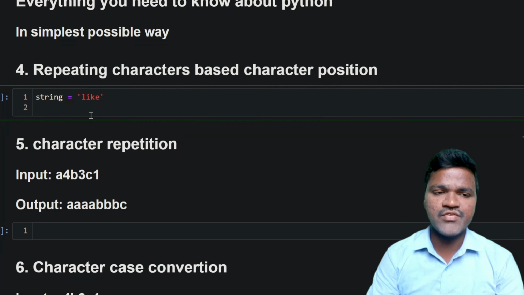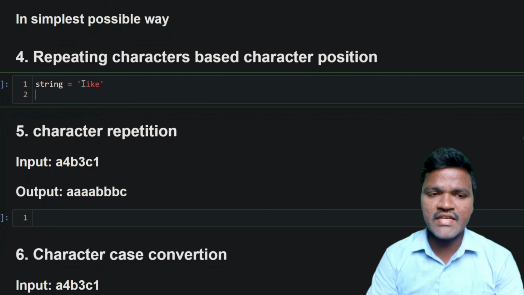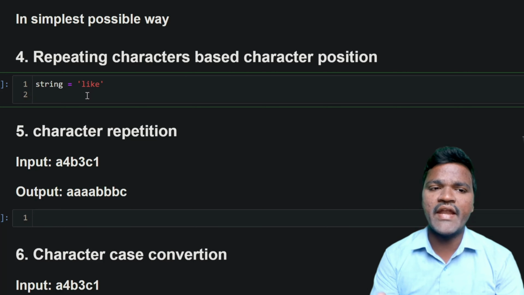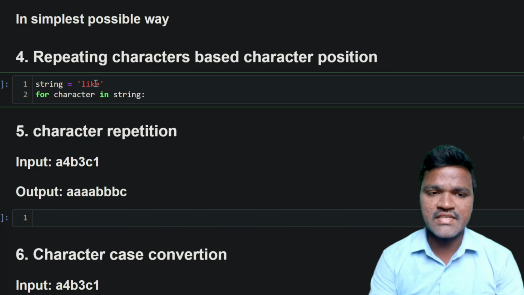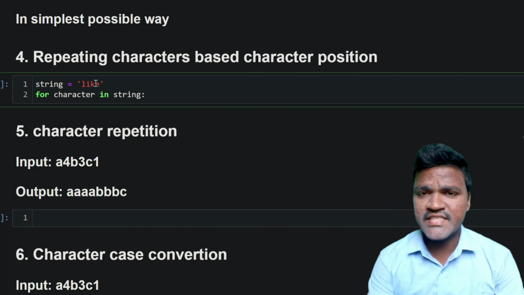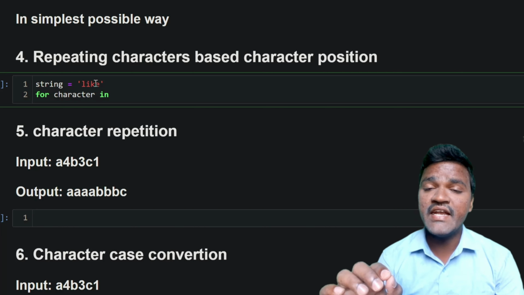After that, in order to get the index, we will be using a for loop to iterate through this particular string, right? So for character in string, by using this we can get the characters, right? But we don't just need the characters, we need to get the indexes also.